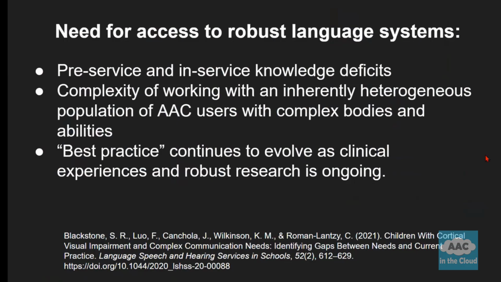This particular population has some complexities, and they're an extremely heterogeneous group of AAC users, meaning there's such a wide variety of visual impairment potentials, as well as complex body potentials and ability potentials.